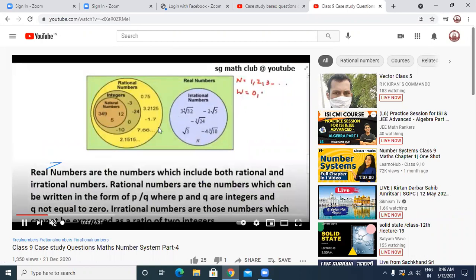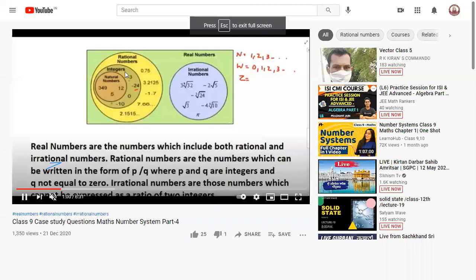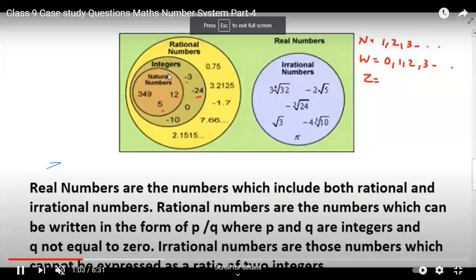You know that N is for the natural numbers that start from 1, 2, 3, 4. W is for the whole numbers that start from 0, 1, 2, 3, 4. Z is your integers, that is, positive and negative numbers make your integers. This second circle shows your integers. Got it? Okay.